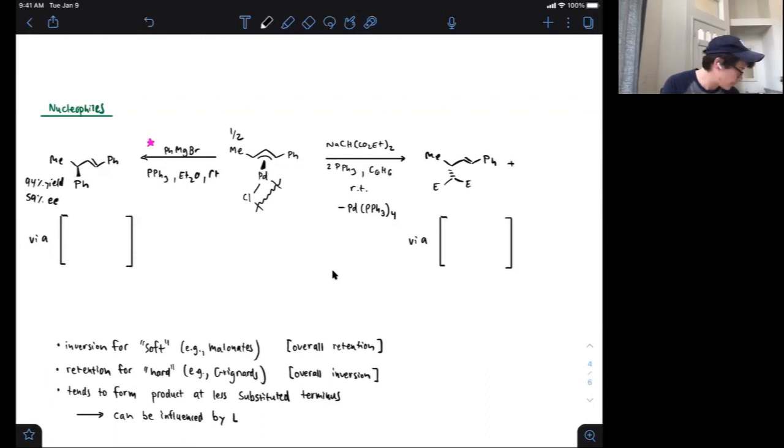Whereas the soft nucleophile, deprotonated diethylmalonate, is reacting with inversion here by an outer sphere process.